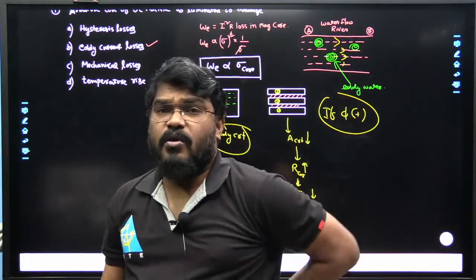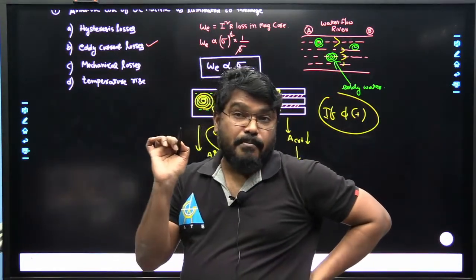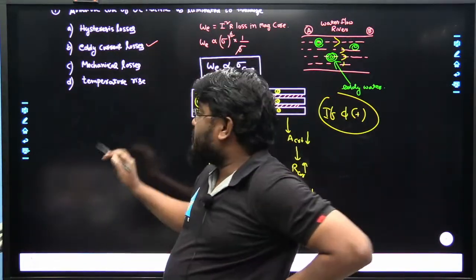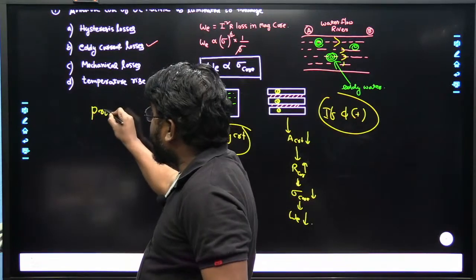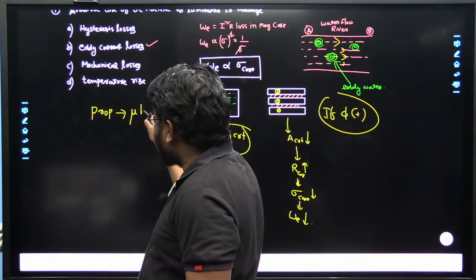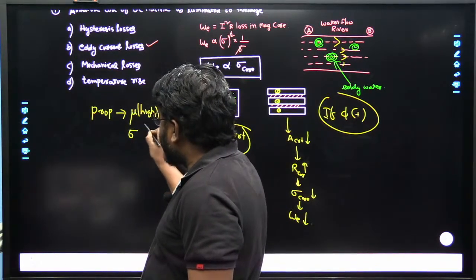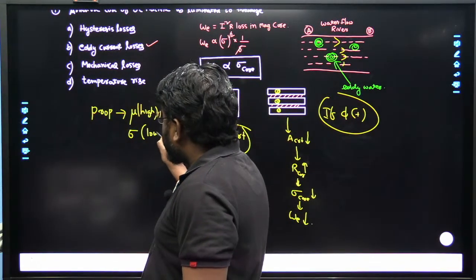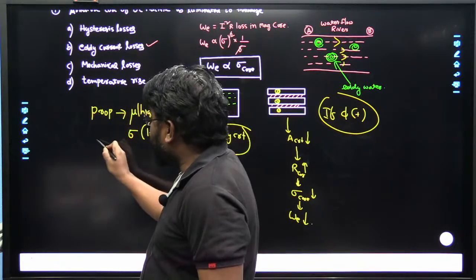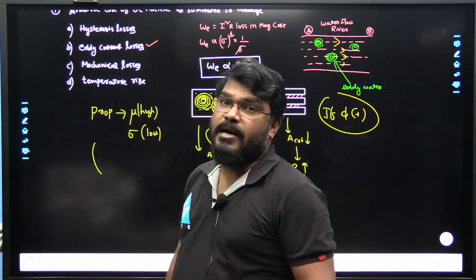See, whenever flux flows in a magnetic material, the property of the magnetic material is that it has a high value of permeability and a low value of conductivity. That means the magnetic material also acts as a conductor with a small value of conductivity.